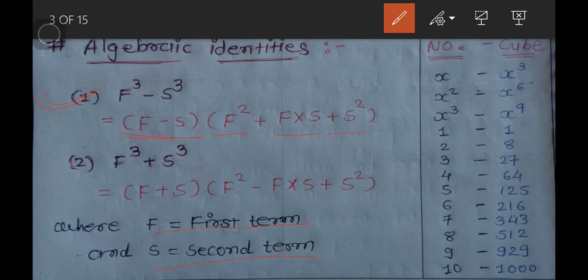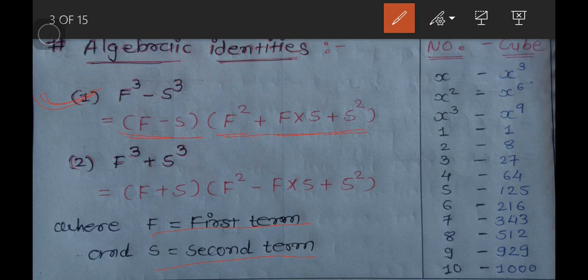That is the formula to factorize a cubic polynomial. We use this first identity, that is, f cube minus s cube is equal to, in bracket, f minus s, and in another bracket, f square plus f into s plus s square. Here we know that f is the first term and s is the second term.